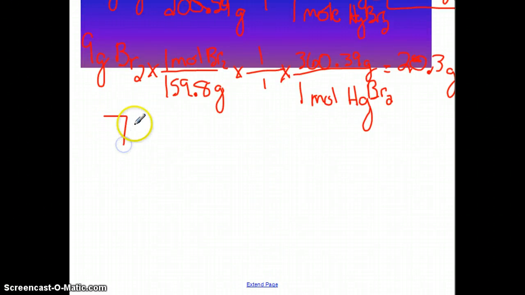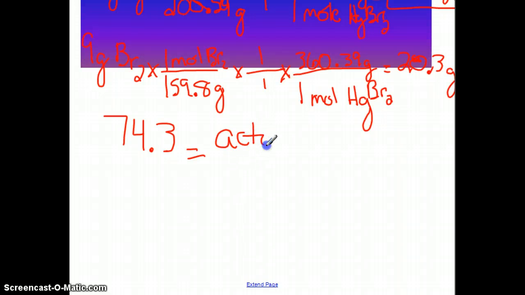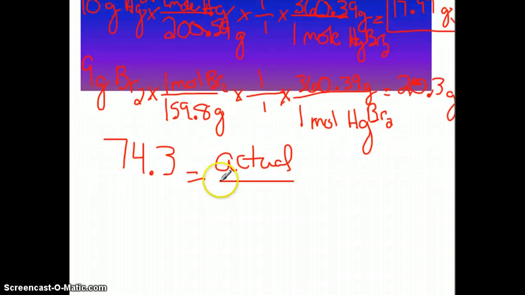All right, so we've got 74.3% as the known yield. We're looking for the actual, and we know the theoretical is 17.97 grams. And of course, can't forget the times 100 part.